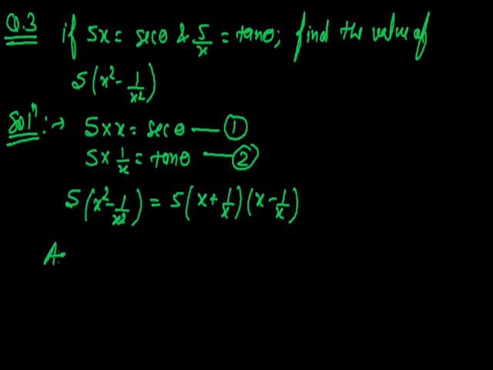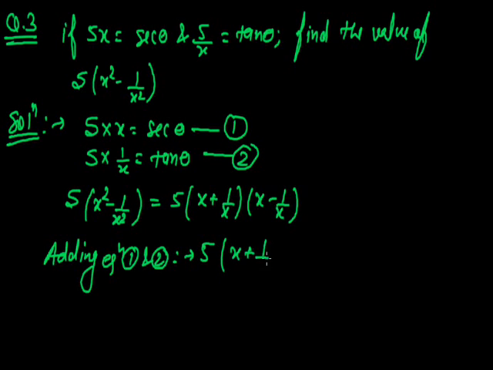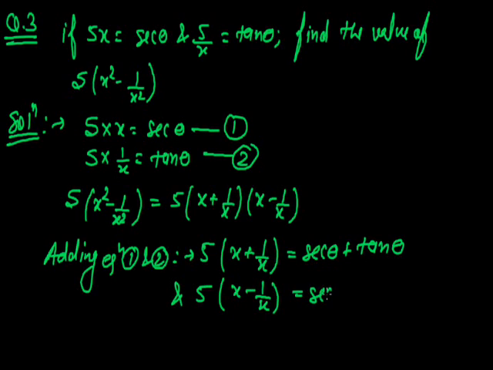So now by adding equation 1 and 2, we have 5 into x plus 1 upon x is equal to sec theta plus tan theta, and by subtracting them we have 5 into x minus 1 upon x is equal to sec theta minus tan theta. Let it be equation 3 and let it be equation 4.